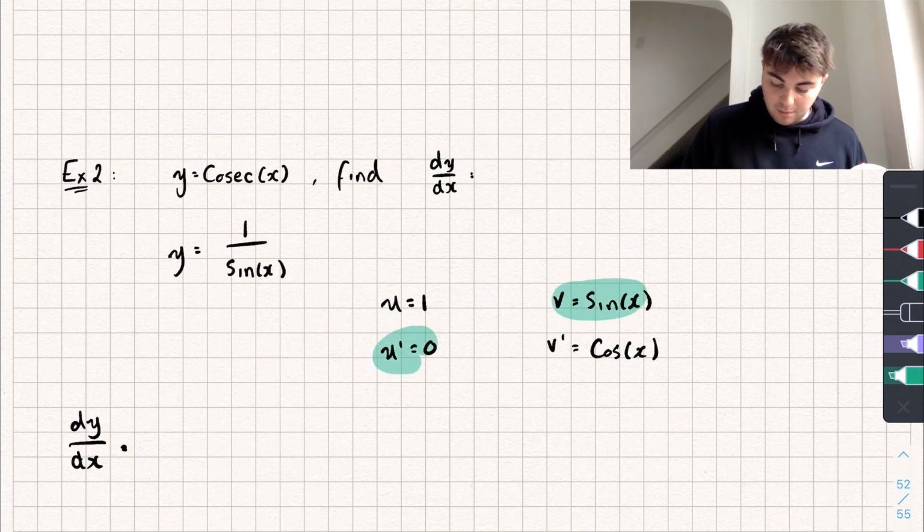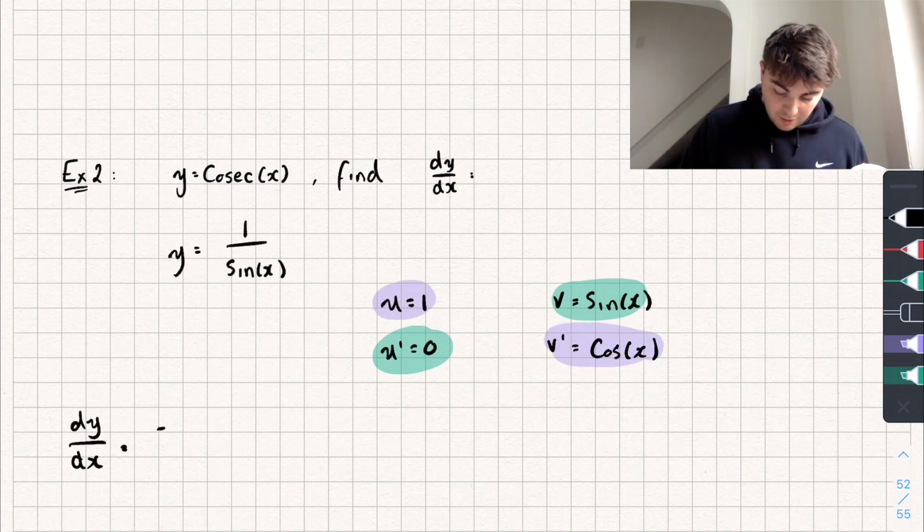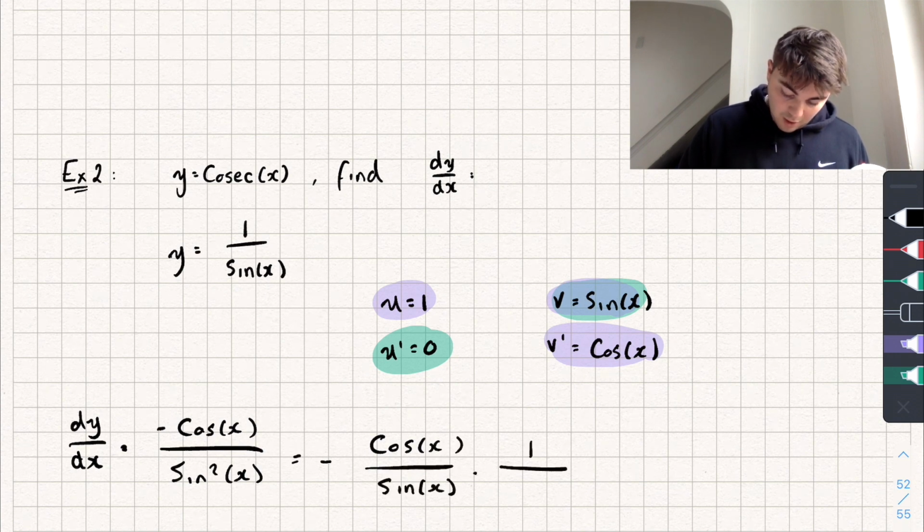So again, using the quotient rule, we get that dy by dx is going to be equal to the function v multiplied by the derivative of u, which again is going to give me 0. And then we subtract the function u multiplied by the derivative of v. So we get negative cosine of x. And that's all divided by the function v squared, so that's all over sine squared of x. And so we could write this as negative cosine x over sine of x multiplied by 1 over sine of x.